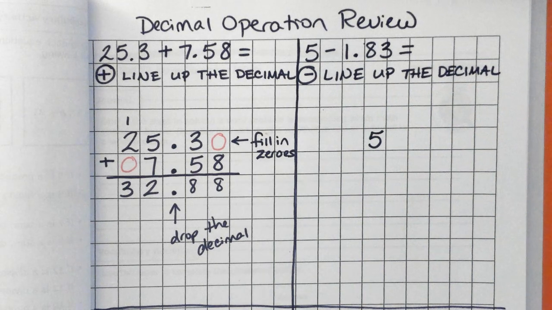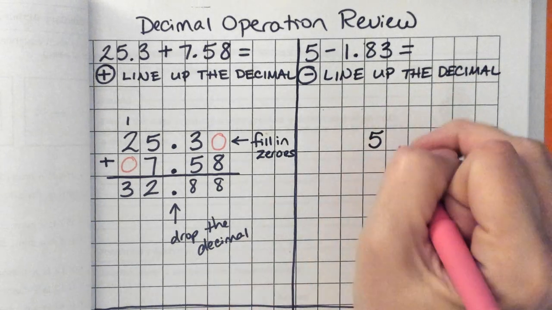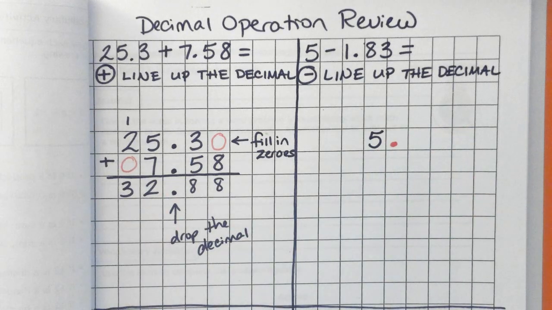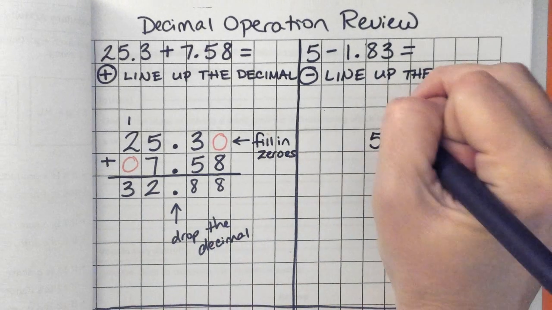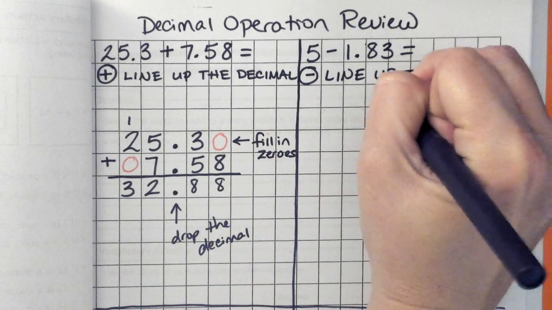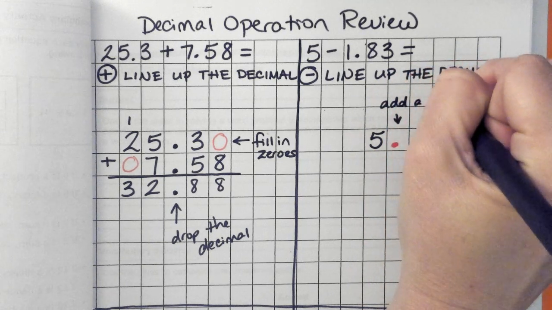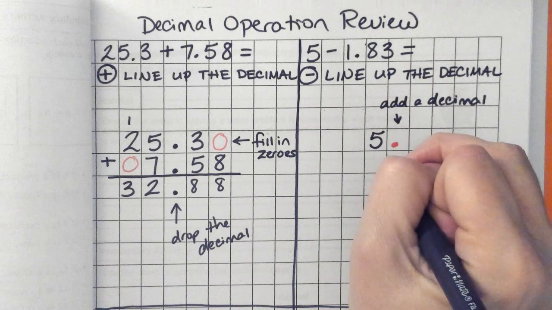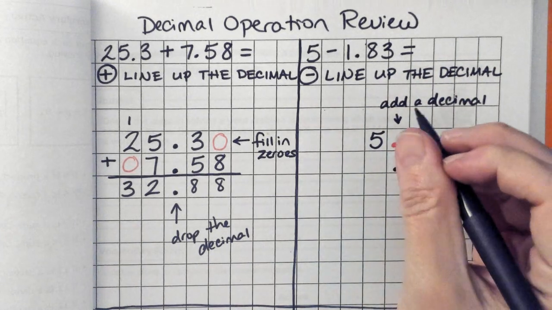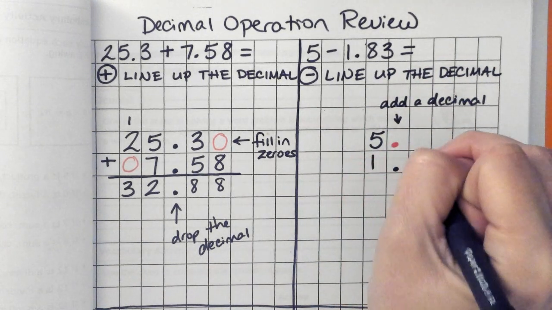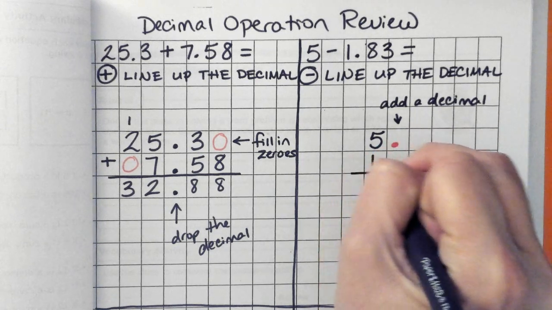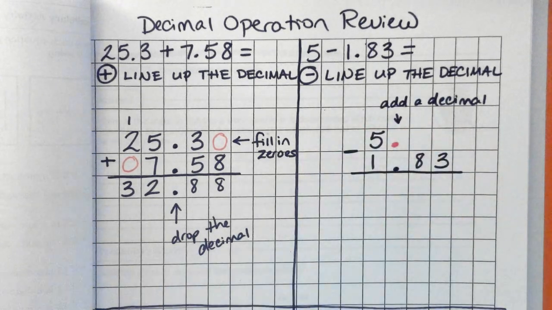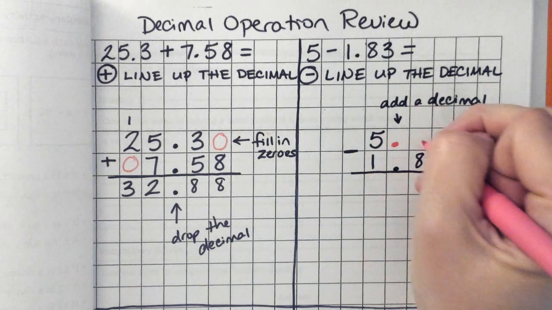There is no decimal. So if I have a whole number with no decimal, I can actually, in addition to filling in zeros, just add a decimal to the right of the number. Okay? So I can add a decimal if I need to. And then I write my other number, and I line up the decimals. And I fill in zeros where I need to.